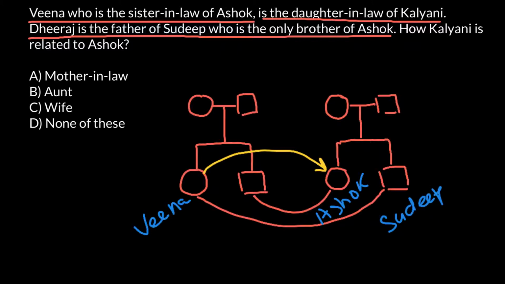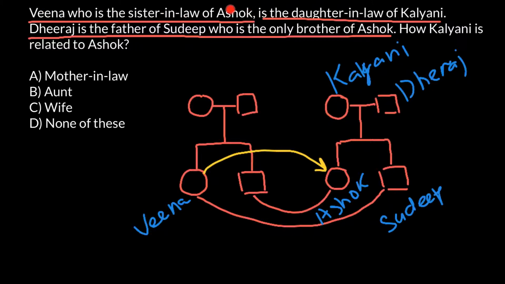And again, we know that Dhiraj is his father. So Dhiraj is his father. So the only way that Veena, again, she is the daughter-in-law of Kalani. So she only can be now daughter-in-law of Kalani, who is going to be female here. So Kalani, let's put here. So now let's check.